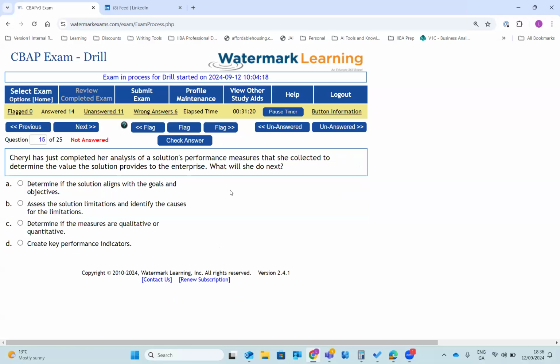Okay. Cheryl has just completed her analysis of a solution's performance measures that she collected to determine the value the solution provides to the enterprise. What will she do next? Determine if the solution aligns with the goals and objectives, assess the solution limitations and identify the causes for the limitations, determine if the measures are qualitative or quantitative, create key performance indicators.